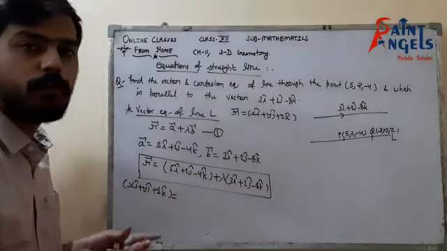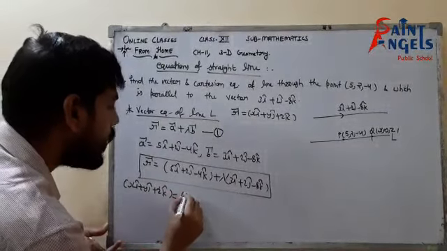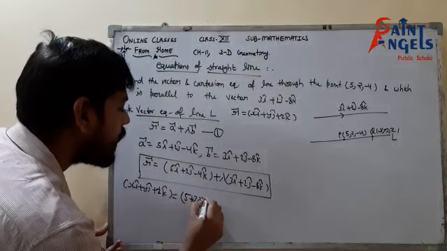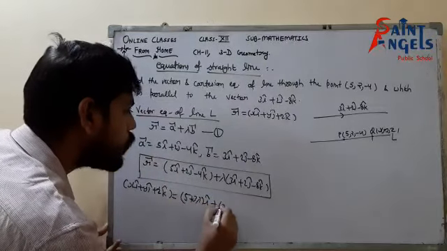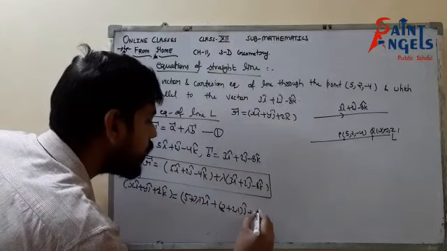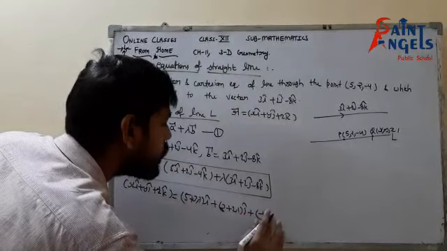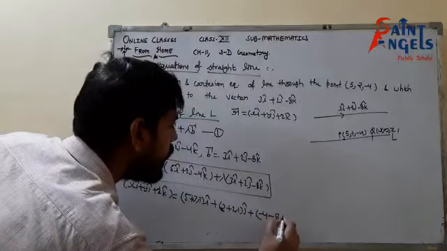Here I am equating the coefficients of i, j and k. So the coefficient of i is 5 plus 3 lambda, the coefficient of j is 2 plus 2 lambda, and the coefficient of k is minus 4 minus 8 lambda.